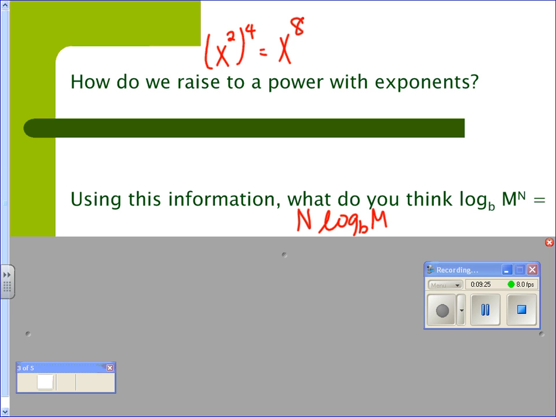So you just actually multiply. Whatever you get for log base b of m, multiply by n basically. Does that make sense? Y'all see how that works?